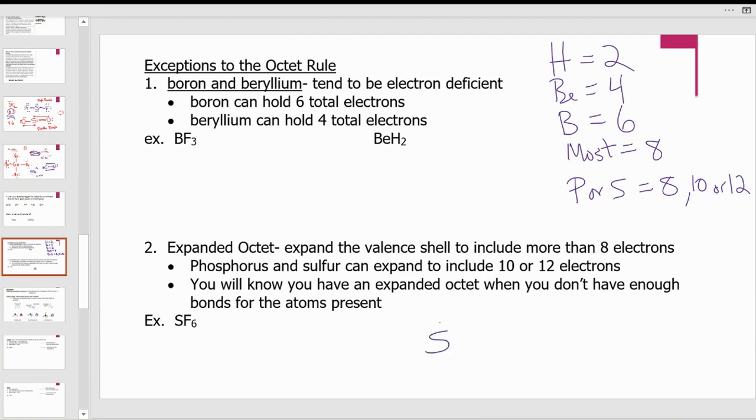Sulfur has 6, and it's going to connect to those 6 fluorines. How many would it have after it connects to 6 fluorines? 12. And that's okay for phosphorus or sulfur. They are allowed to go way beyond 8. And there'll be fluorines on the outside of that.